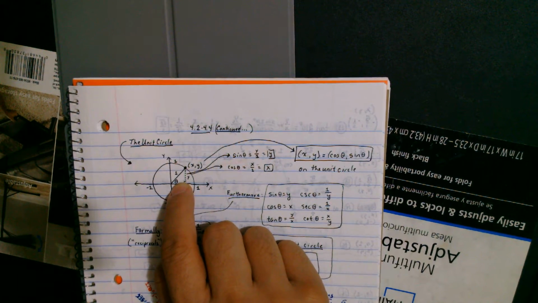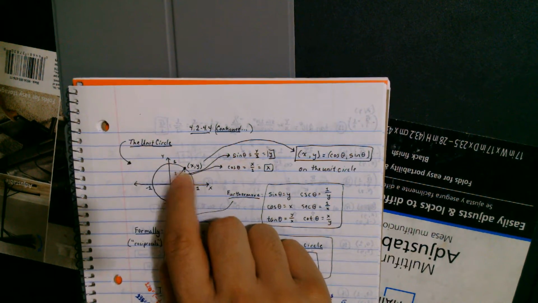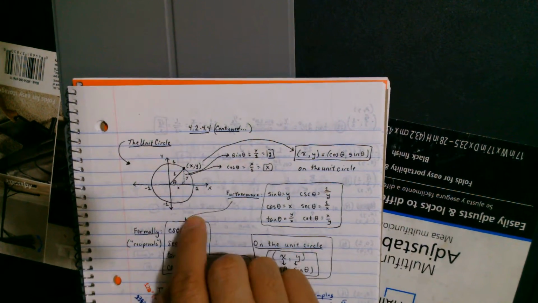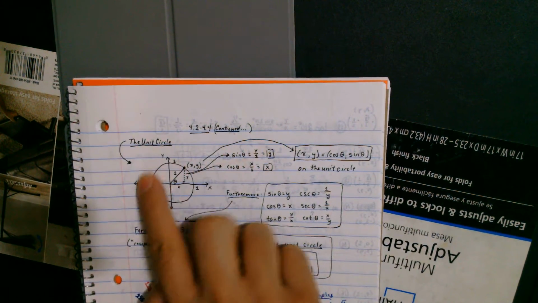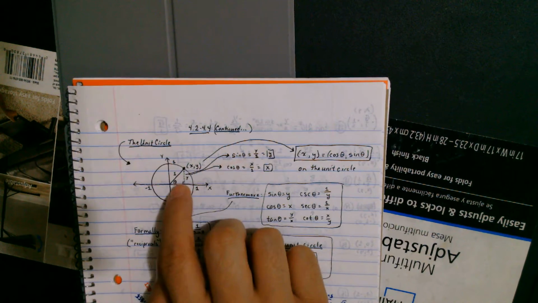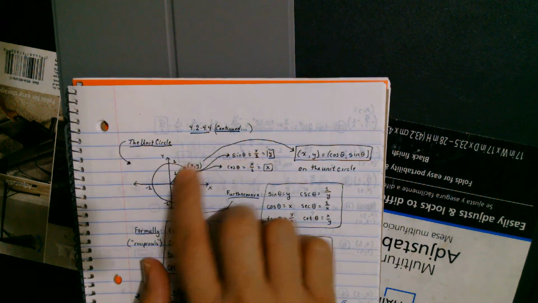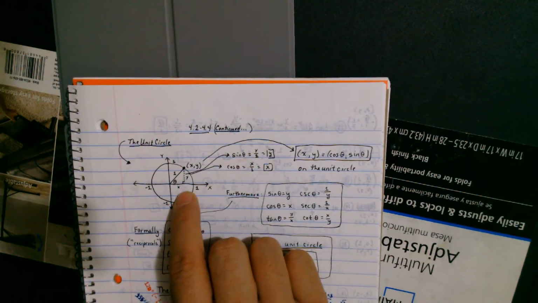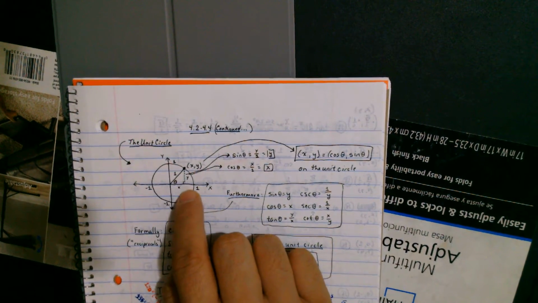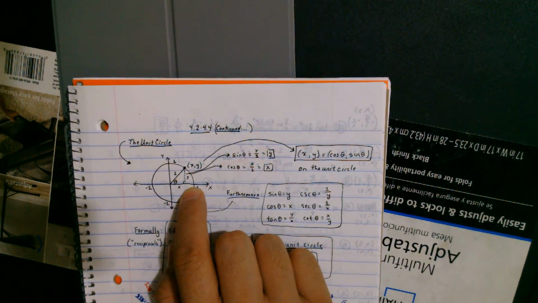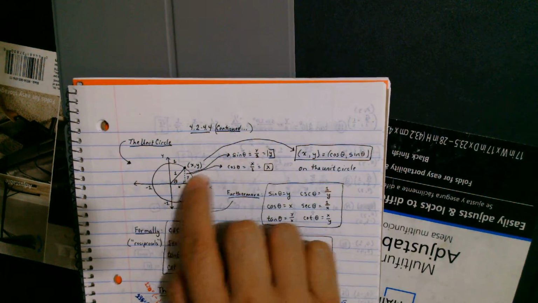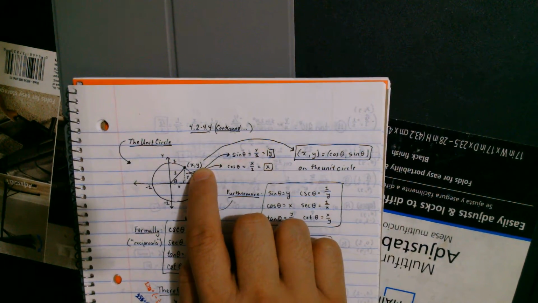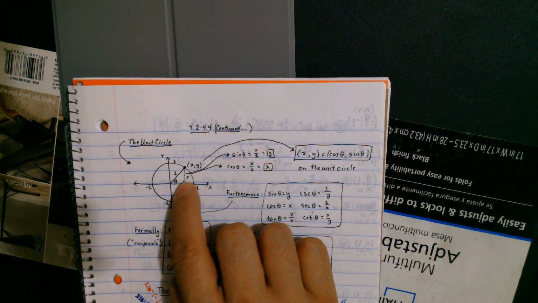Sine of theta would essentially be y over r, where r is the radius, and x over r for cosine, etc. But in the unit circle, to make the discussion easier, sine of theta is just y divided by 1, or just y. So the second number in the coordinate is the sine of this angle.